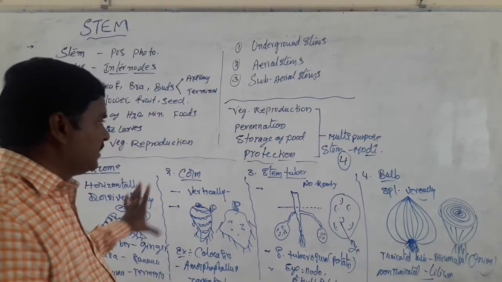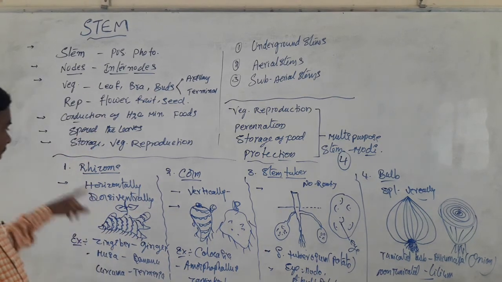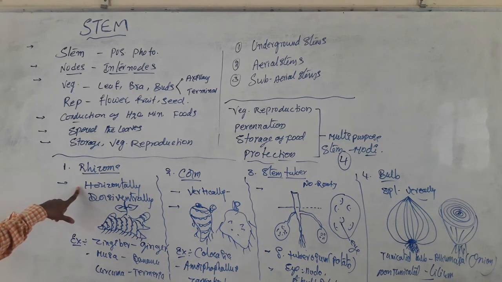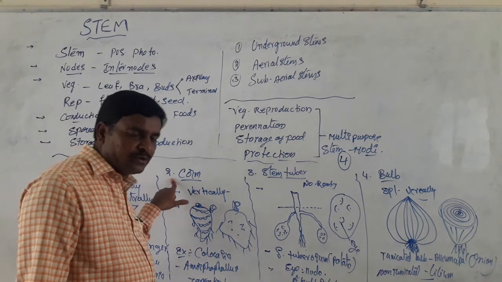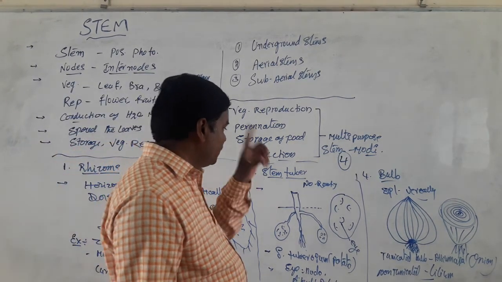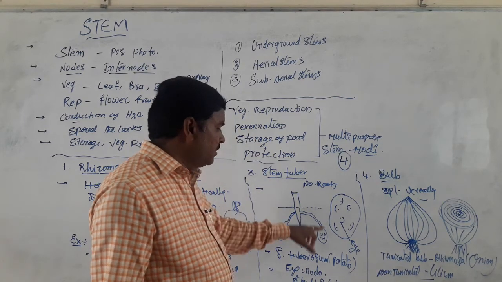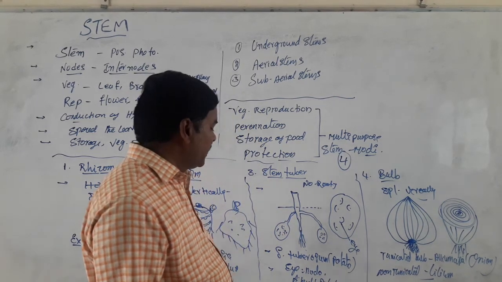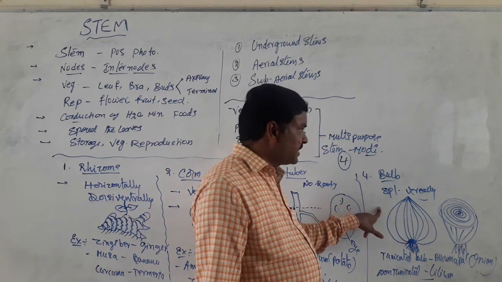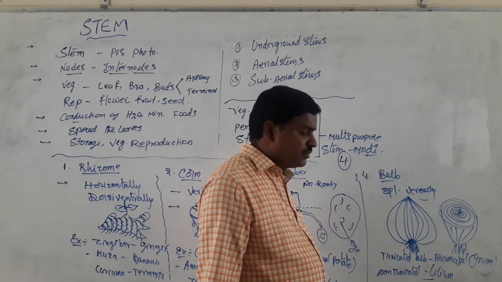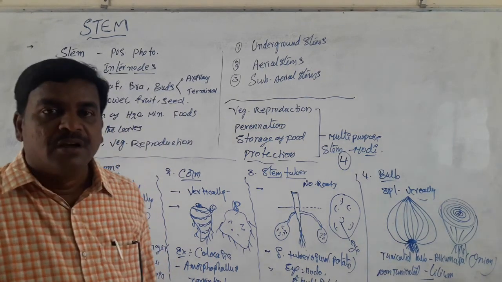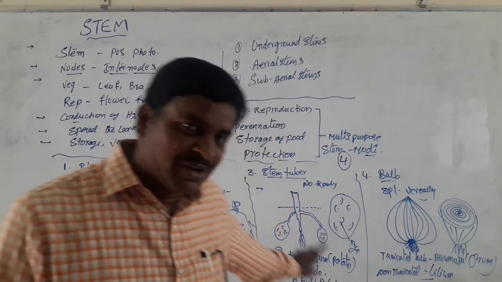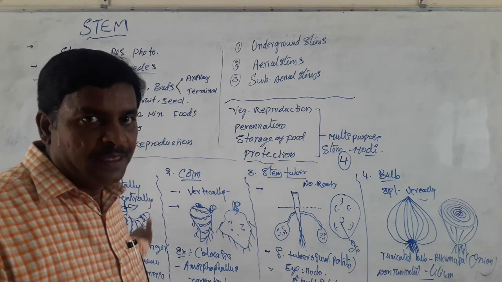Students, these are the underground stem modifications. One is rhizome, horizontally growing, a dorsiventrally differentiated structure. The second one is corm, a vertically growing underground stem modification. Next is stem tuber, without roots, Solanum tuberosum. Bulb is a specialized vertically growing underground stem modification. Mention the name of the horizontally growing underground stem modification: rhizome.